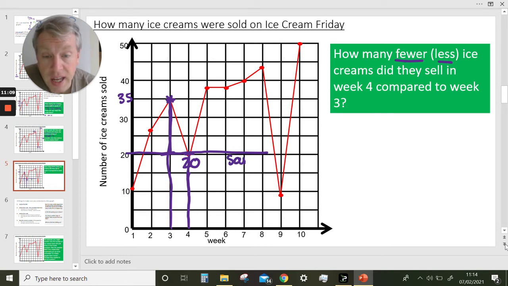Here, up to here, it's the same, and this bit here is the bit that is more. How many more? And also, it's the question, how many less? It's the difference. This bit of the line here is the bit that is different.